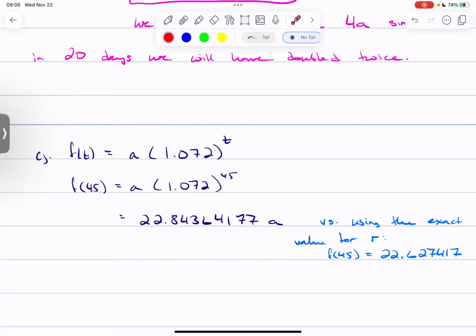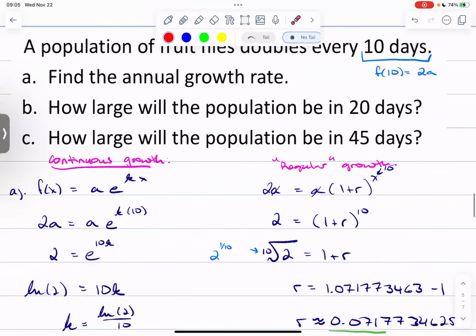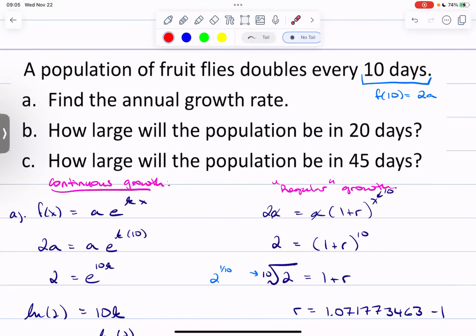Does that kind of check out? Well, we had in 10 days, we doubled. In 20 days, we quadrupled. In 40 days, we would double the quadruple. Is that what's going on?